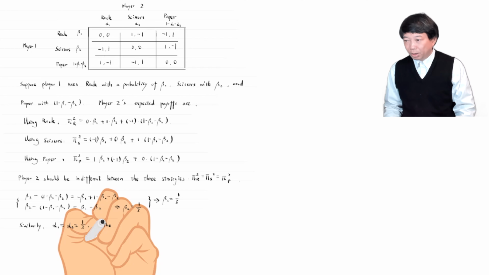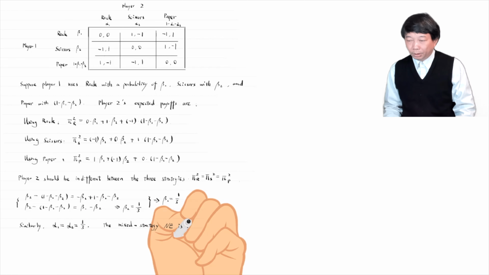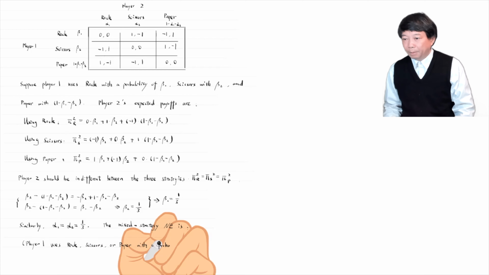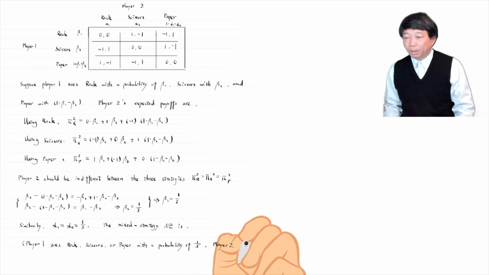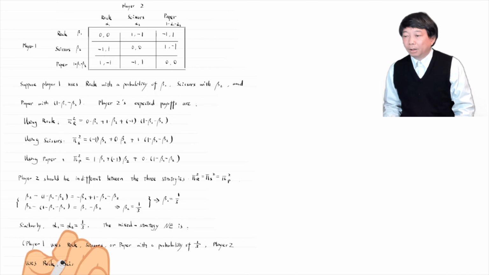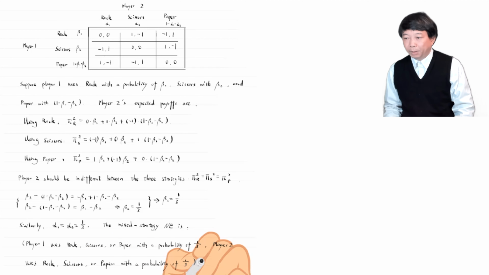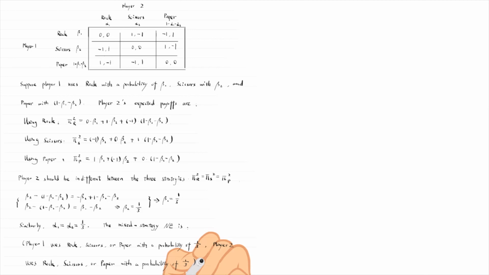Therefore, the mixed strategy Nash equilibrium for the game is that player 1 uses rock, scissors, and paper with a probability of 1/3, and player 2 uses the same strategy. The expected payoff for each player is 0.